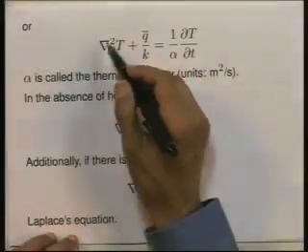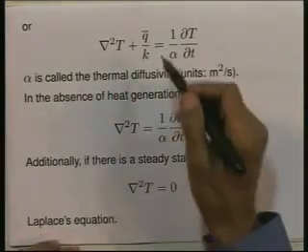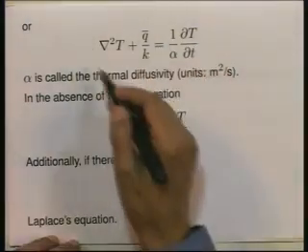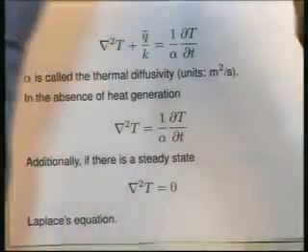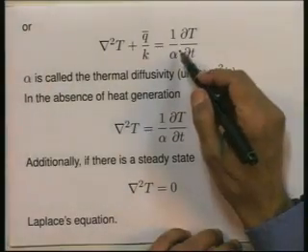Further, let me for a moment express it in another way symbolically. Very often the quantity d2T dx squared plus d2T dy squared plus d2T dz squared is written in this form. This is called the Laplacian, del squared T plus q bar by K equal to 1 upon alpha dT dt. So, this is another way of writing the same equation, and I would like at this stage to define that we have got here, instead of K by rho Cp, a quantity alpha.